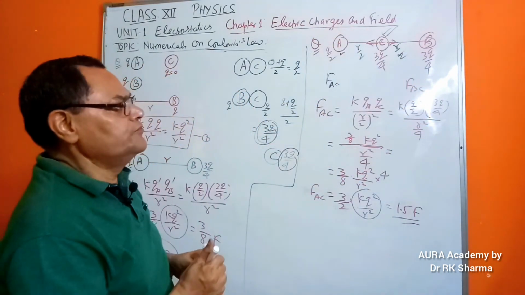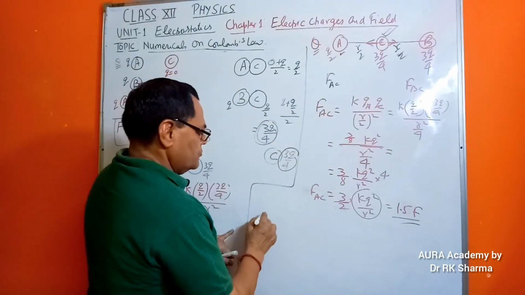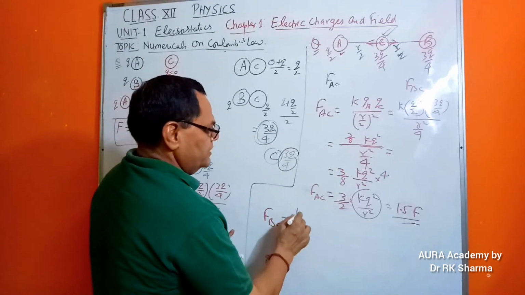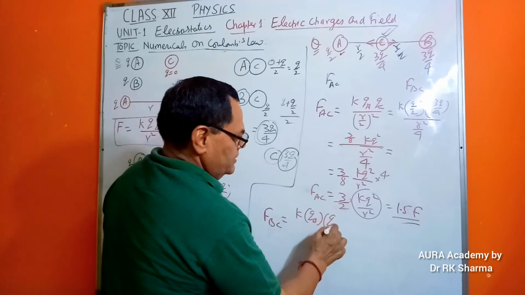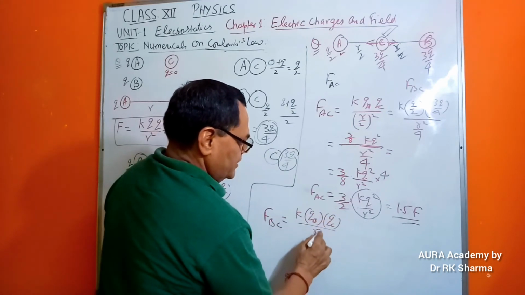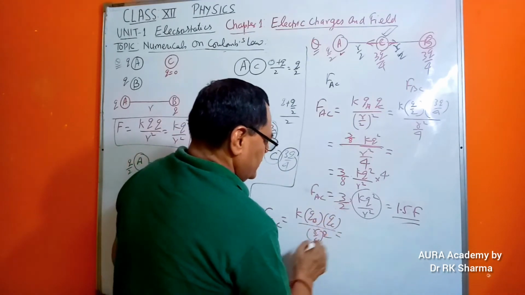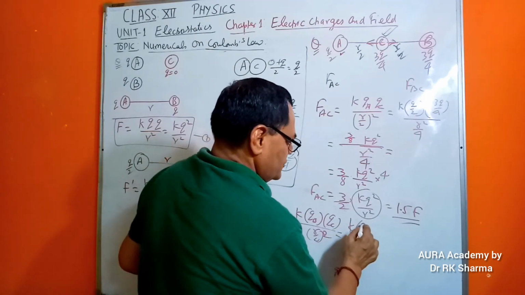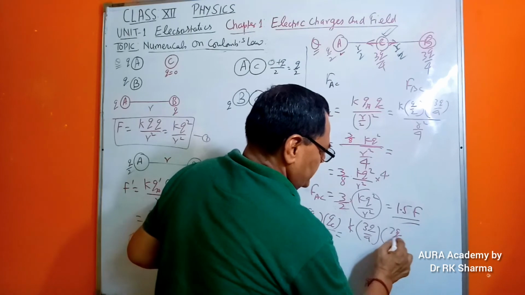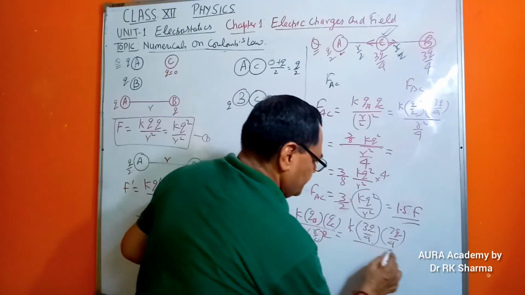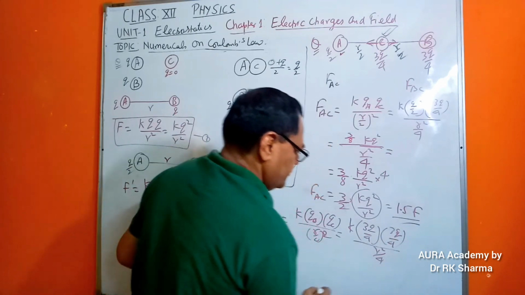Now let us find out the force between BC. So FBC will be equal to K times the new charge on B, the new charge on C, and of course the distance is r by 2 whole square. So this is K, both the charges are 3q by 4 and 3q by 4, and this is r square by 4.